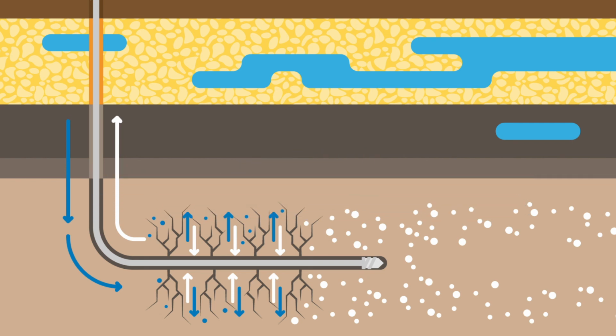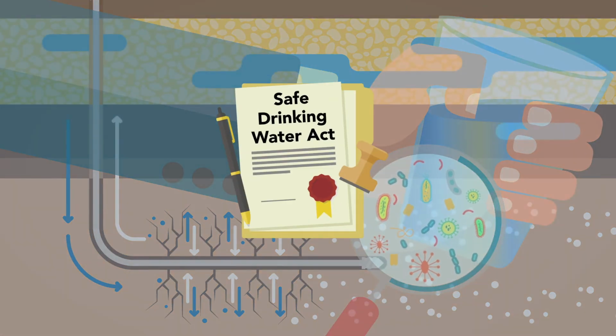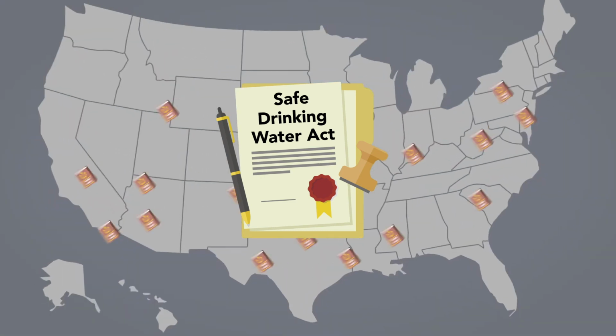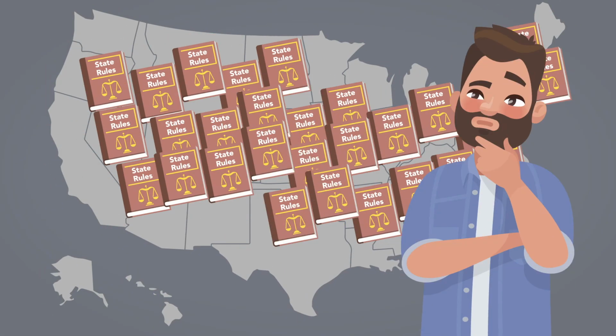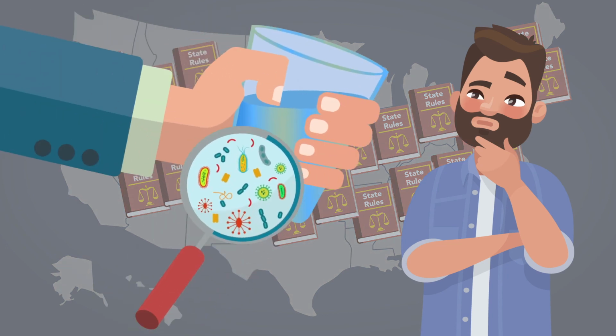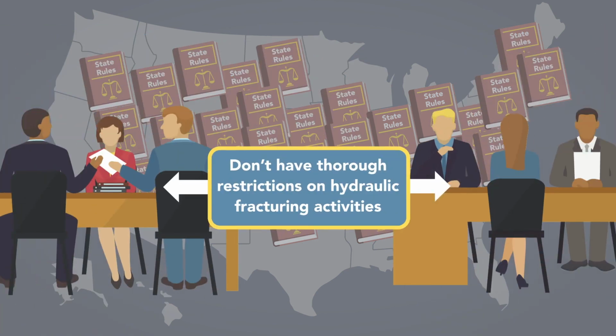Both the injection of fluid and the potential contamination of a drinking water source are activities regulated by the Safe Drinking Water Act, but each state has created its own rules regarding hydraulic fracturing. This has raised concerns that under-regulation in this field will threaten water safety and human health because many state agencies don't have thorough restrictions on hydraulic fracturing activities.